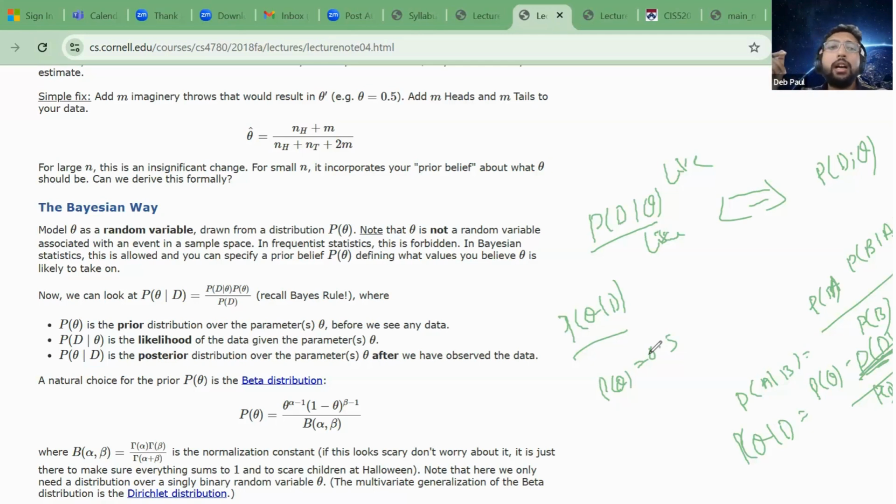So in the Bayesian way, we have this prior and the posterior. Prior is what my belief about the world is. Once I start collecting my data, either my belief stays because the data is according to my belief, or my belief changes, and my posterior is how my data changes my belief.